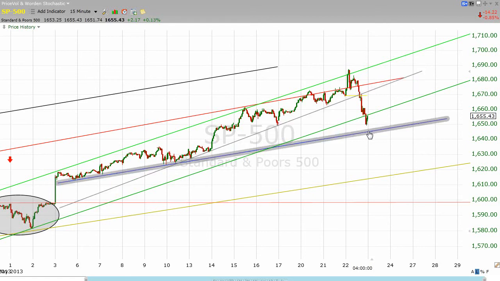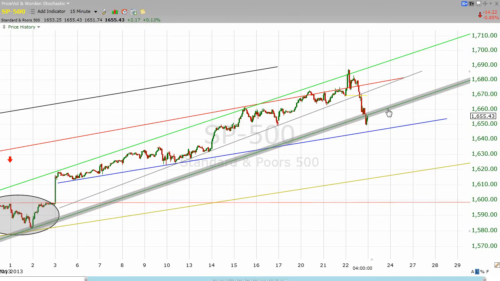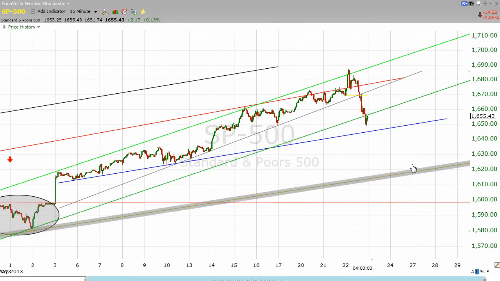We take this line out and come down to this yellow line, or we come down here and bounce, back test our green line, then head back down. So really we don't know exactly what's going to happen because we still don't have a clear and discrete pattern for us to rely upon.